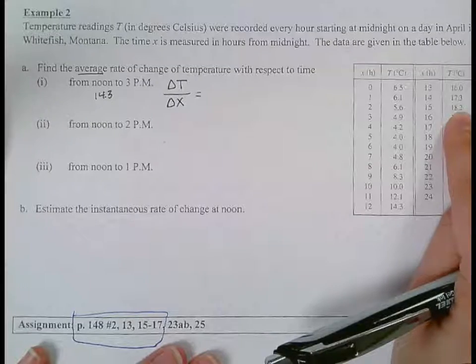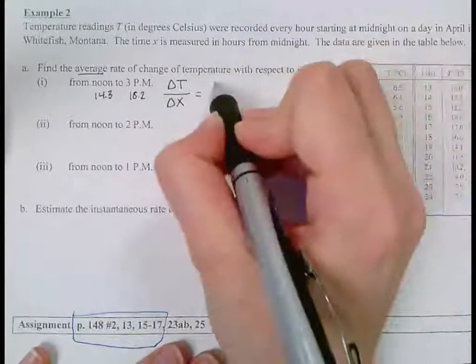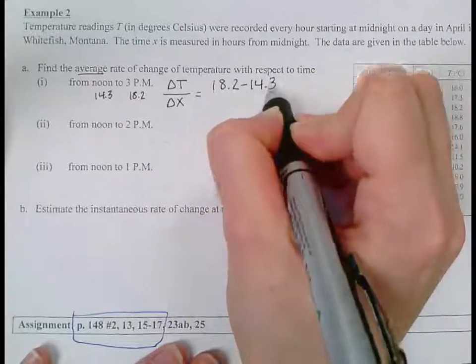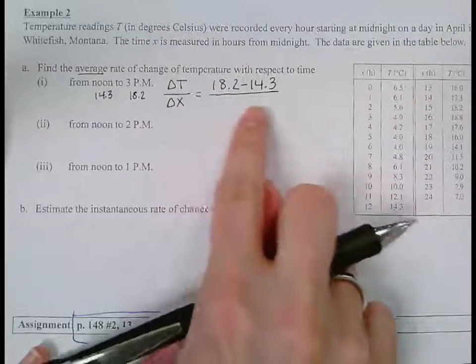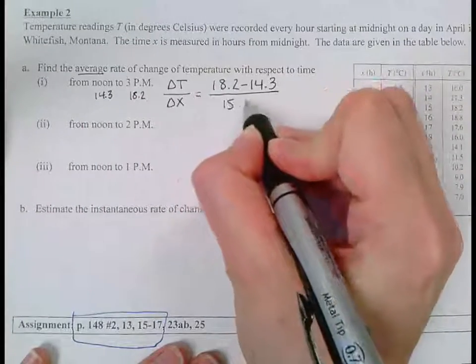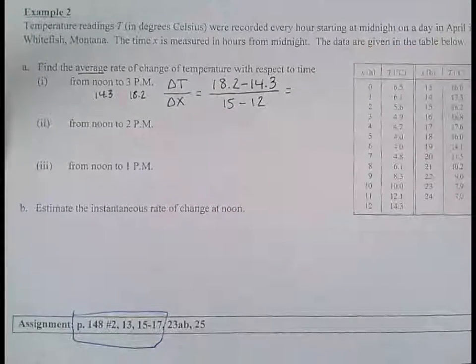So that temperature would be 18.2. So we would have a change in temperature of 18.2 minus 14.3 all over the change in X. You could just put 3 hours right away, or if you wanted to use the actual values from the table, it would be 15 minus 12, which would be 3.